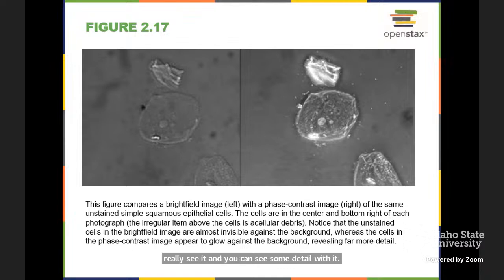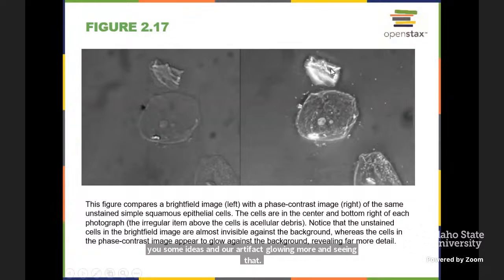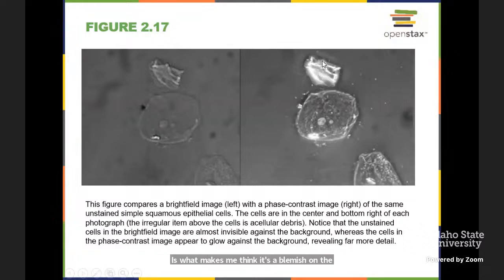From the hint of what it is to actually seeing the details with it. More like surface structural stuff, shape-wise, giving you some ideas. And our artifact glowing more, and seeing that is what makes me think it's a blemish on the slide. It looks like some kind of grooves that are in there that's making the light do that. But I don't know. All right.